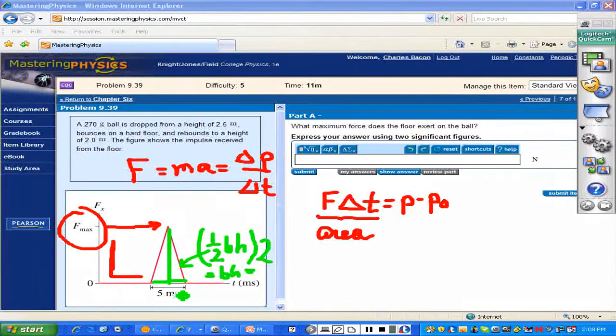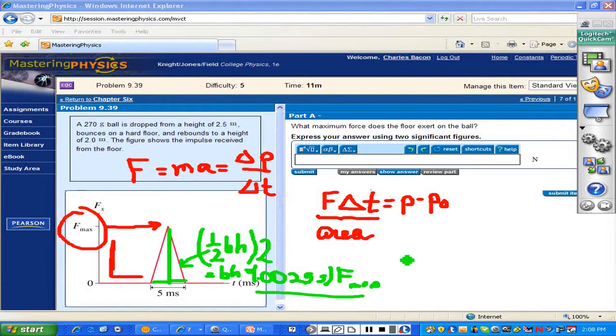Well, the base of this is 2.5 milliseconds, 0.0025 seconds, and the height is the unknown F max, which is what we're looking for. So that's how we get our unknown in this particular problem into the relationship.